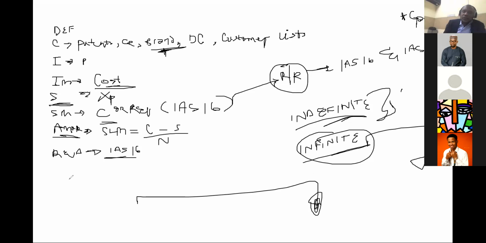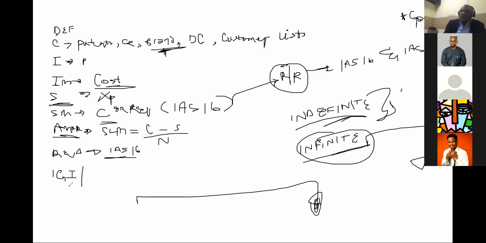Now, the final point, and that's the really important one when we're discussing this, is internally generated intangibles. Internally generated intangibles are intangibles that are created within an organization, like ambience, for example.